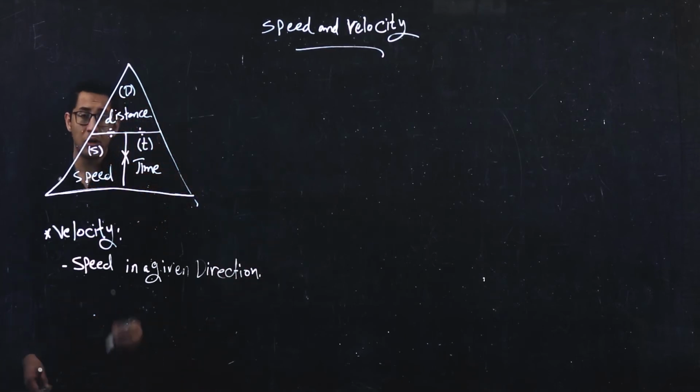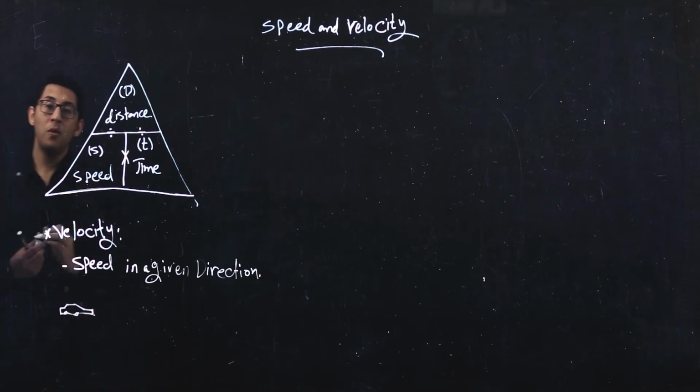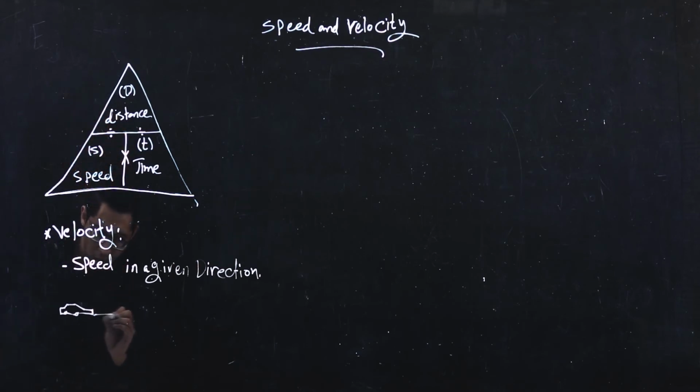What is that, mister? If I tell you that you are riding your car, here you are riding your Lamborghini, for example, and you start moving with 100 kilometers per hour to the east. So your speed is 100 kilometers per hour to the east. So you are moving with a speed and moving in a specific direction.